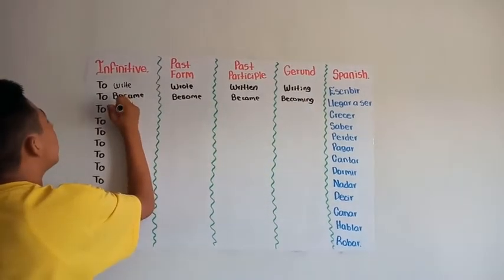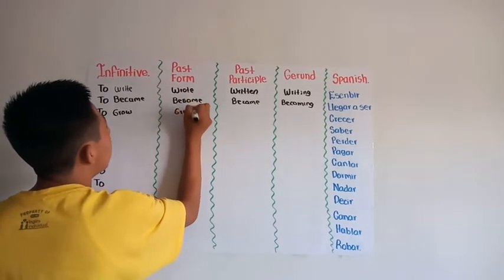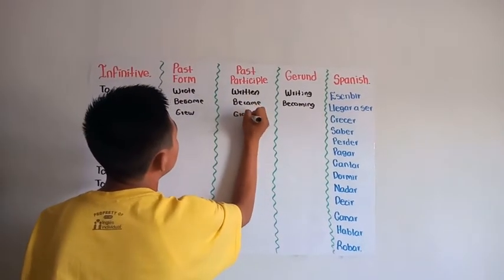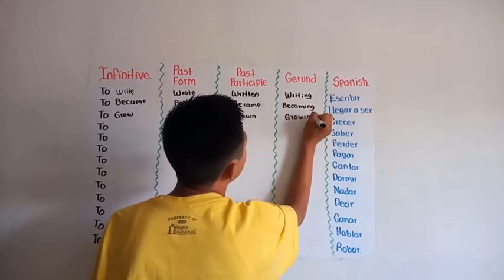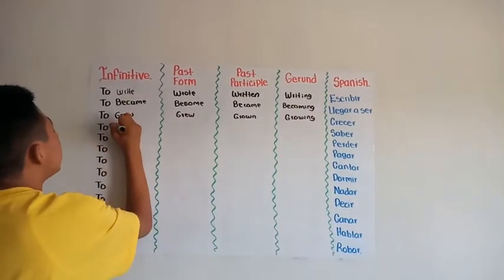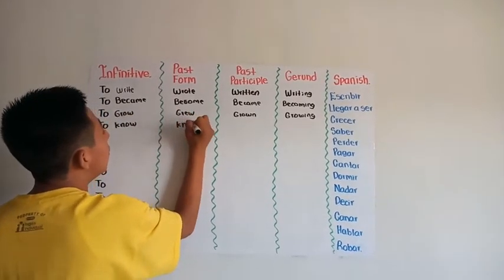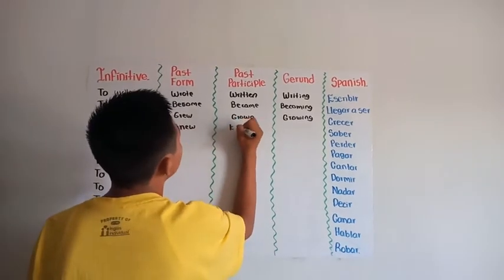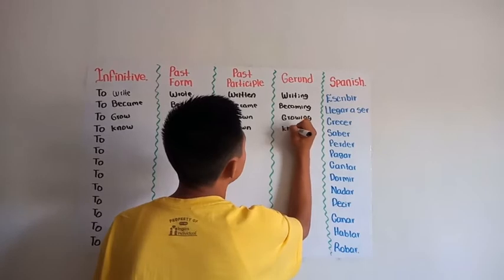Crecer, to grow. Grew, grown, and growing. Saber, to know. Knew, known, and knowing.